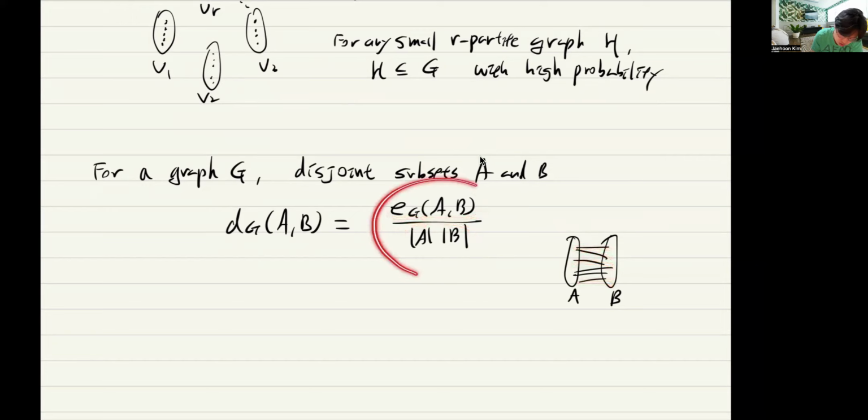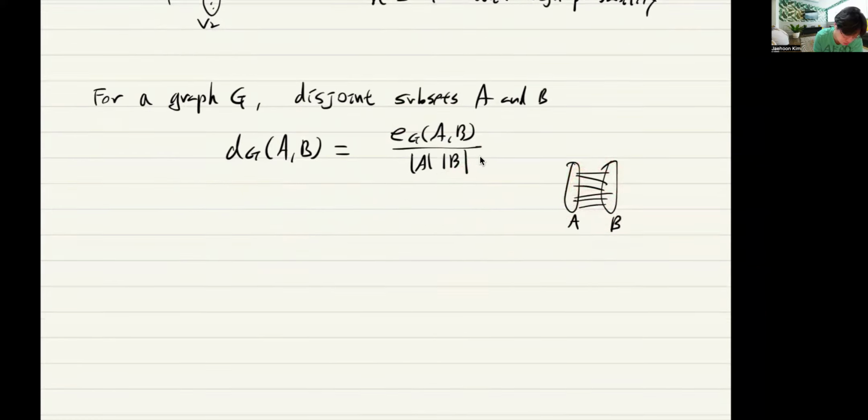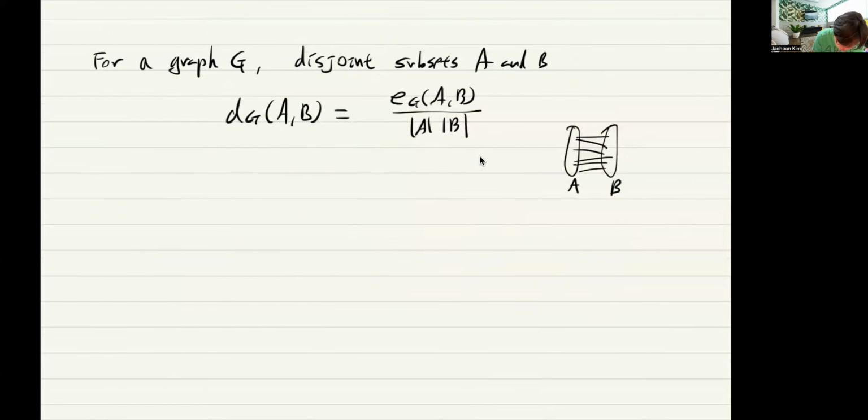So this measures the density of edges, how dense it is. If this is 1, then all the edges are there. If this is 0, then no edges are there. If this is half, then roughly half of the edges are there. So it measures the density.